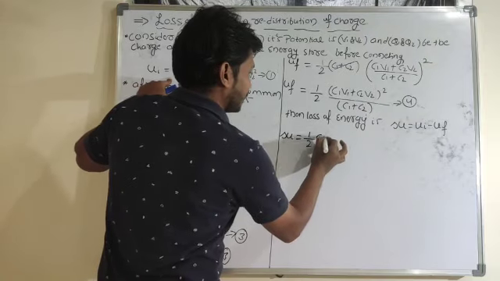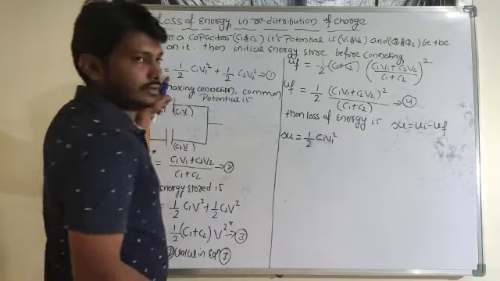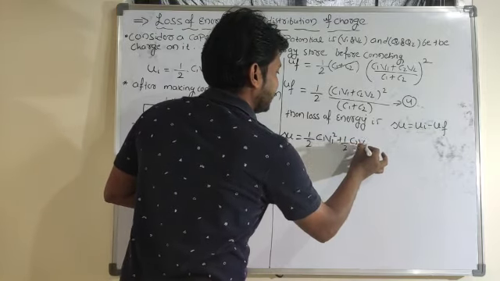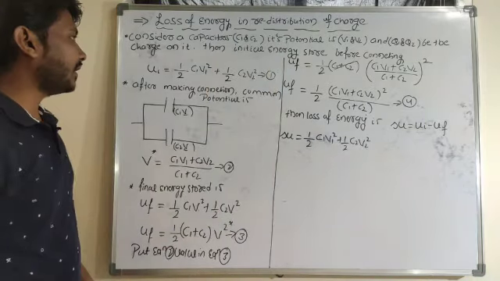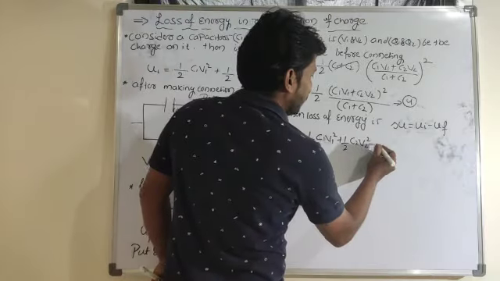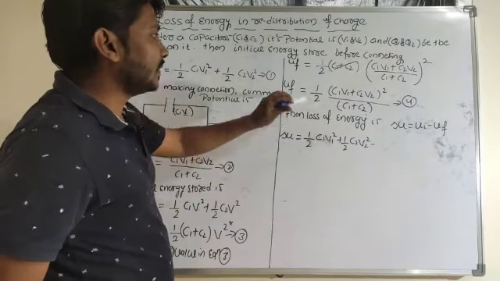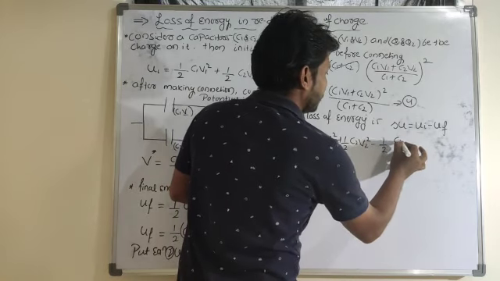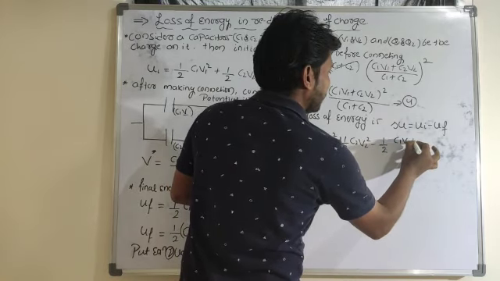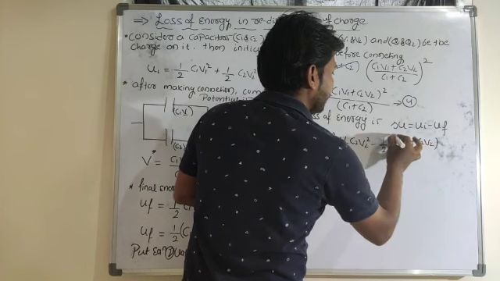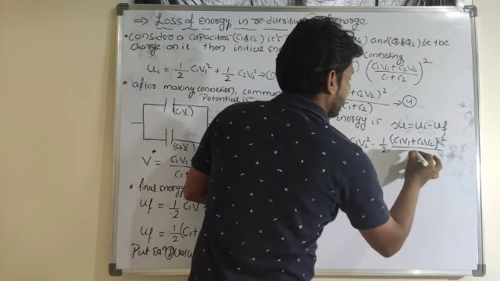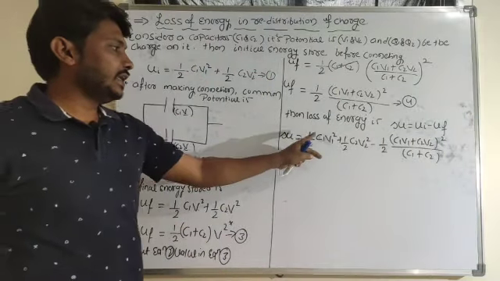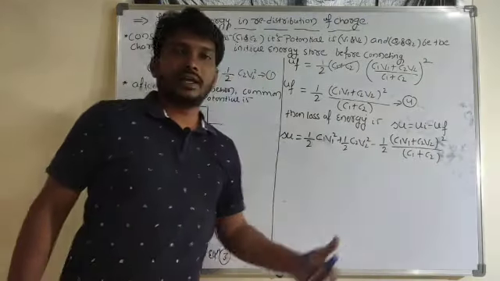Half of C1 into V1 square plus half of C2 into V2 square, minus, look here, what is the final energy here? Half of (C1 V1 plus C2 V2) whole square divided by (C1 plus C2). Initial energy minus final energy here.